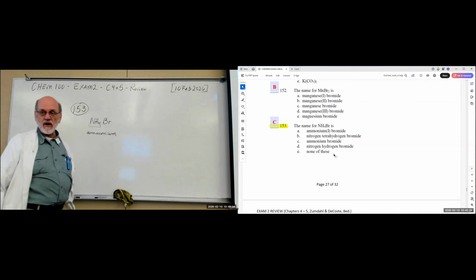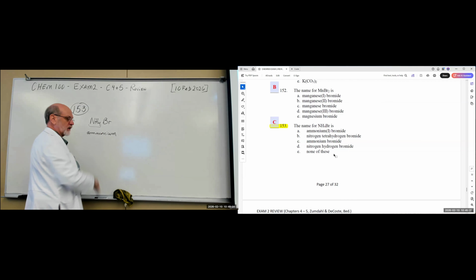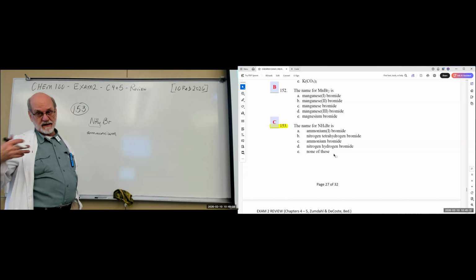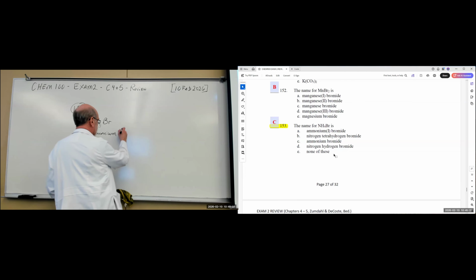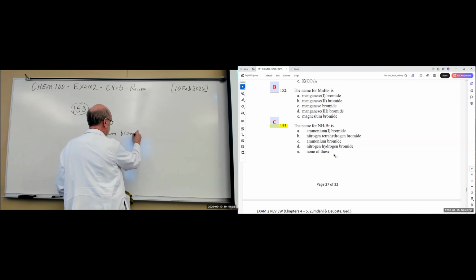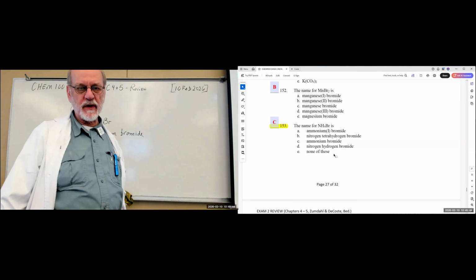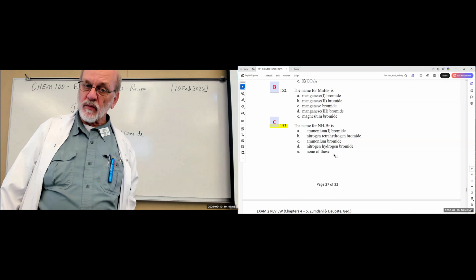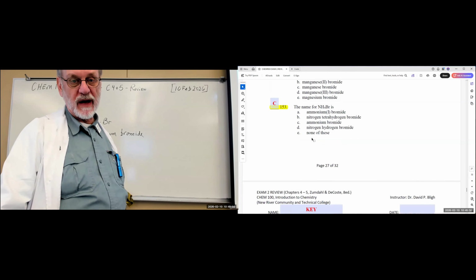You don't have to say what the charge is. All polyatomic ions are fixed charge, so we treat them like type 1 compounds. Well, this is the only one because that's the only cation in the group. The rest are negatives. And this is bromide. Ammonium bromide is the proper name. You don't say ammonium 1 bromide, that's redundant. It's just ammonium bromide.